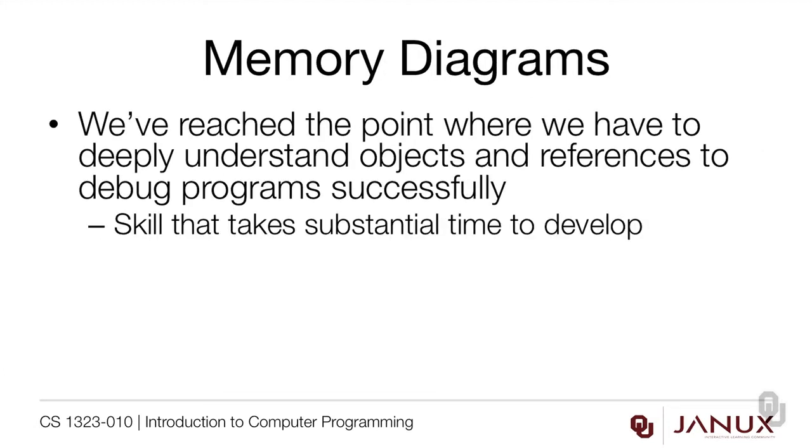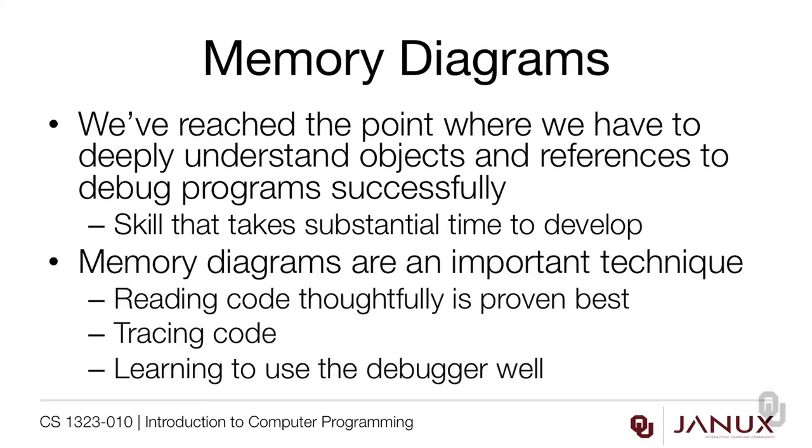What you've probably noticed here is that memory diagrams are our lifeline. We've really reached the point where we have to deeply understand objects and references to debug these programs successfully. This is a skill that takes substantial time to develop. So these memory diagrams are a very important technique, but I did demonstrate some other techniques too. The first thing you'll notice that I did was read the code thoughtfully.